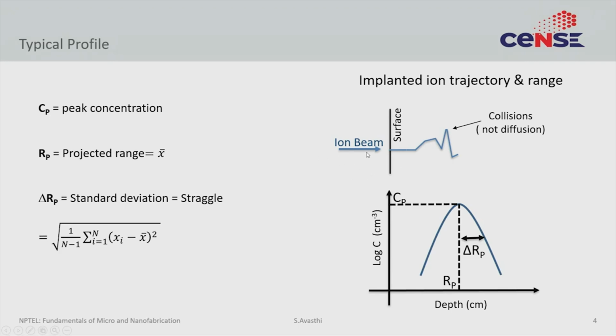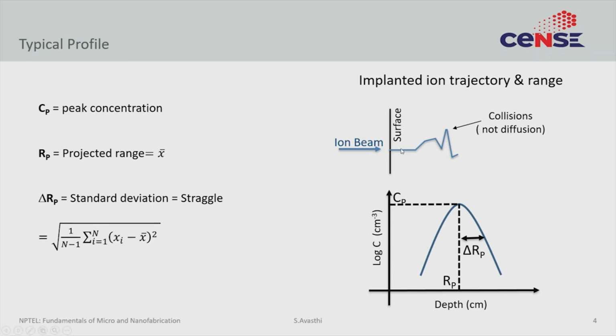So, the beam is coming straight without any hindrance, then it hits the surface where it starts encountering silicon ions. And every time it encounters a silicon atom, it suffers a scattering mechanism. And with each scattering, it deviates its path a little bit and it loses a little bit of its energy. And after several of these successive collision events, at some point the energy is completely dissipated and the implanted ion comes to a stop.